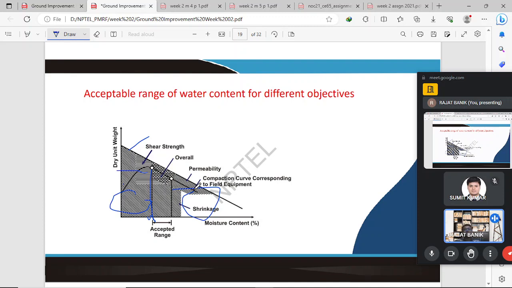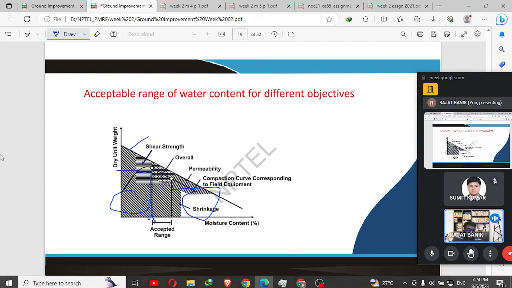If we need to increase the strength of the soil, the water content should be limited to the dry side of the optimum moisture content, so we can get the maximum shear strength. But if we need an impermeable layer, we need to compact the soil at greater than the optimum moisture content, the wet side.